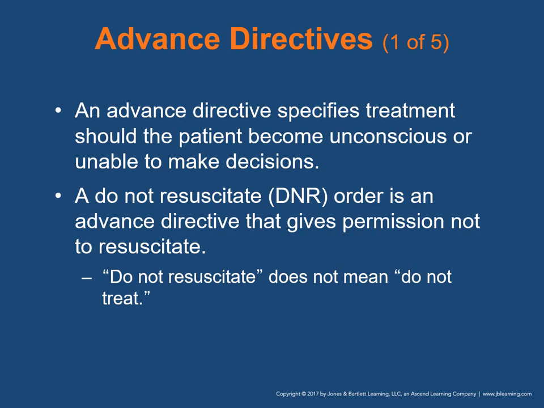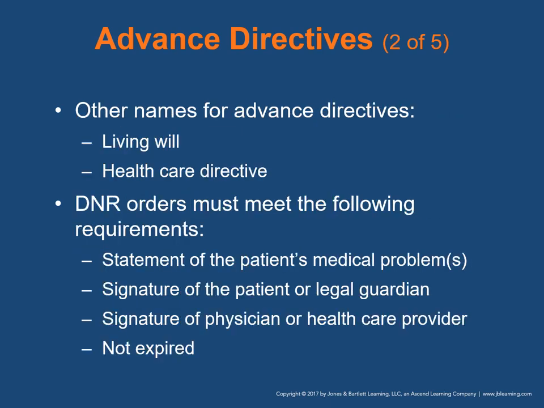Each ambulance service should have a protocol to follow in these circumstances, so make sure you're familiar with what your particular protocols are. Other names for advance directives are living wills or healthcare directives. To be valid, DNR orders must meet the following requirements.